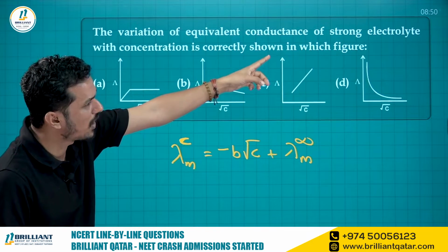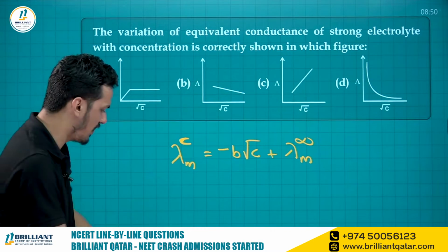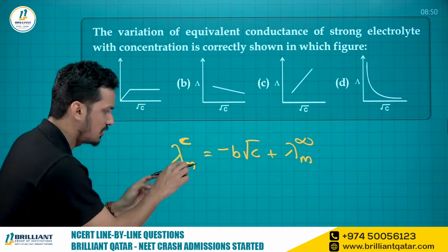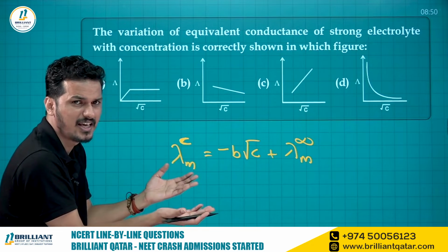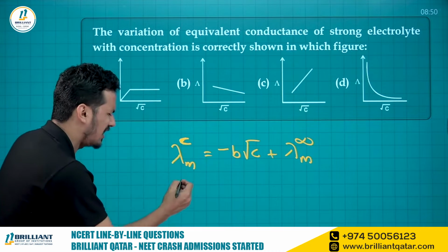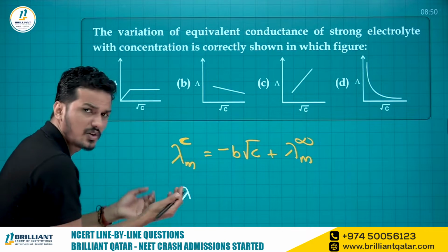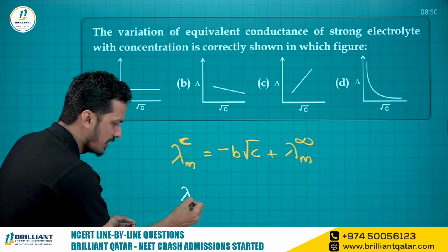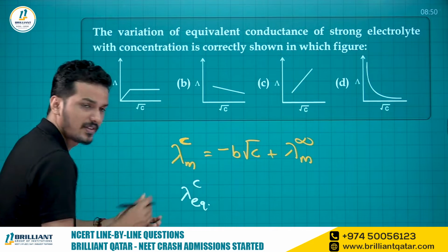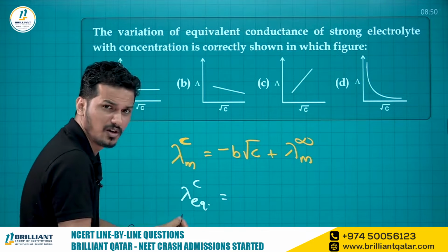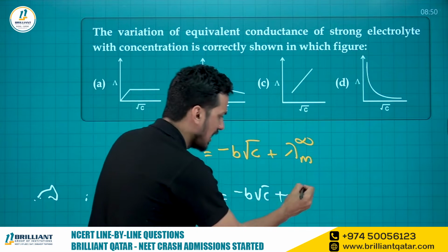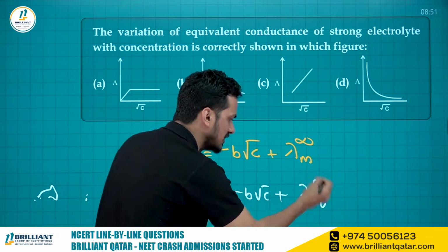Here they are asking about equivalent conductance. So instead of m, we can write EQ, equivalent. Molar means molarity, equivalent means normality, nothing big difference. So instead of lambda m c, we can write lambda EQ c equals lambda EQ infinity minus b root c.